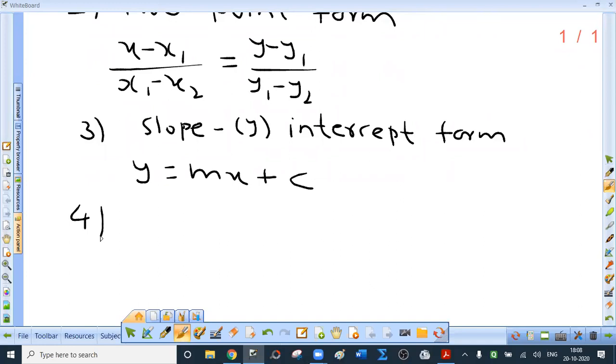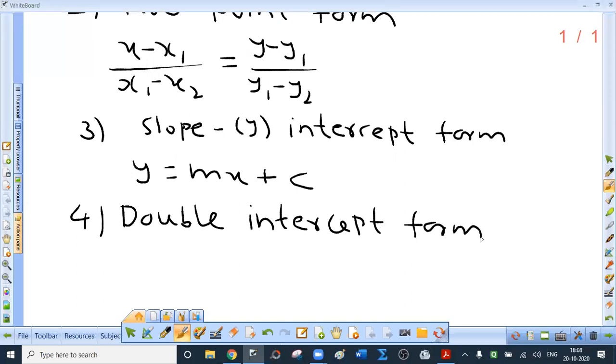Now number 4, double intercept form. Equation of a line having x-intercept a and y-intercept b is x upon a plus y upon b equal to 1.